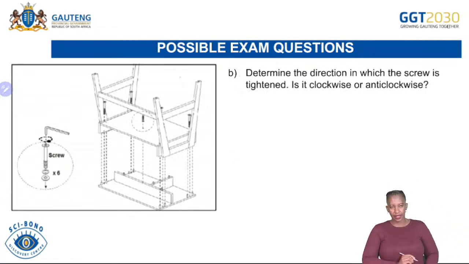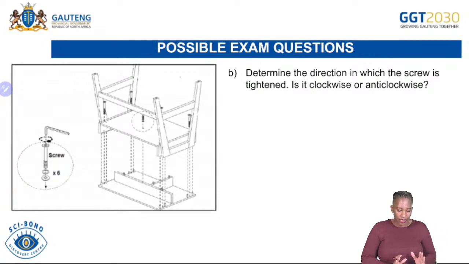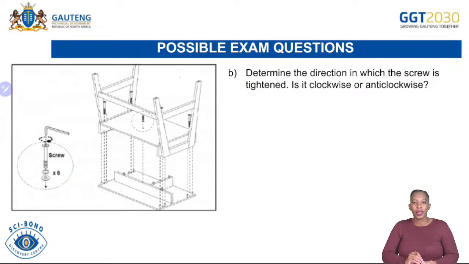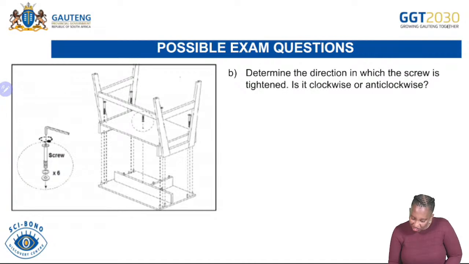Remember, this is the last part of assembling the desk together. They have already put other parts together. Now we are only doing the last part, which is doing what? Screwing the screws onto the screw slots. So now we say determine the direction.